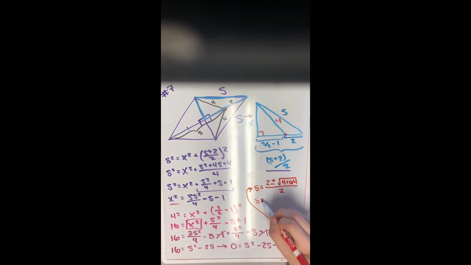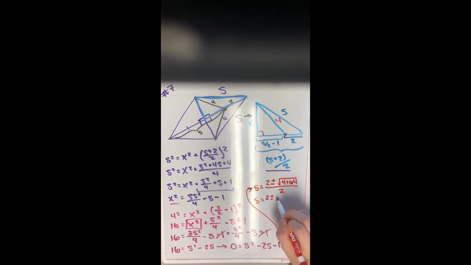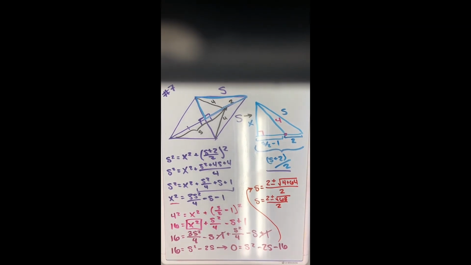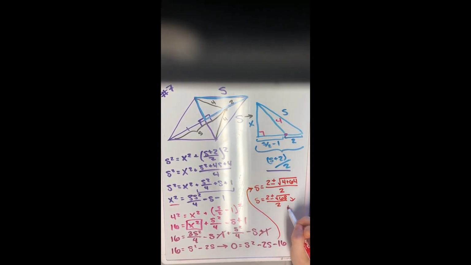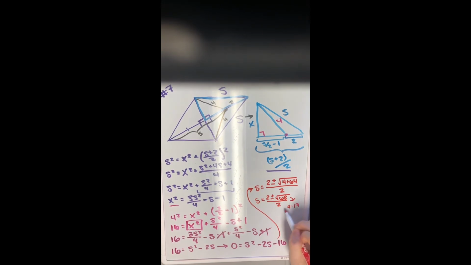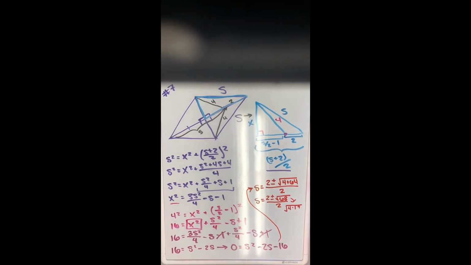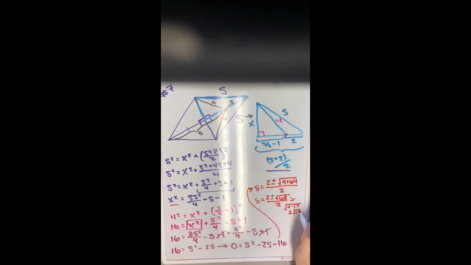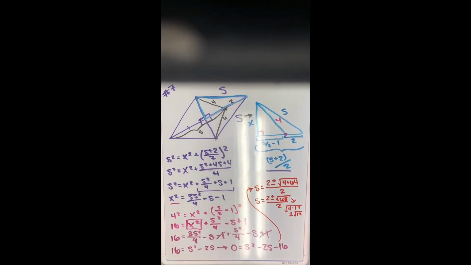And you get that s is equal to 2 plus or minus radical 68 over 2. And radical 68 can be divided by 4, so it's 4 times 17, the same thing as radical 68, so you can pull out a 2 and leave it as 2 radical 17.